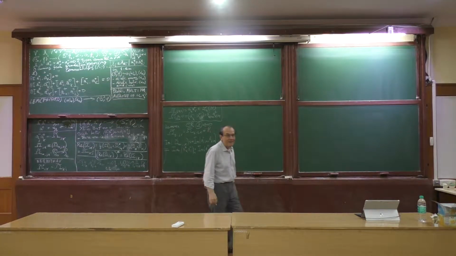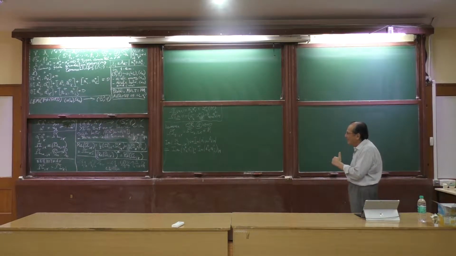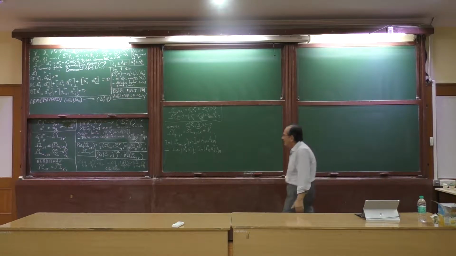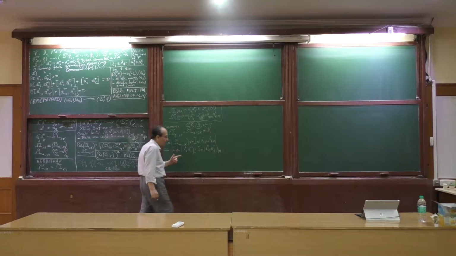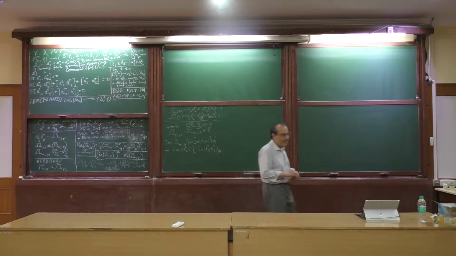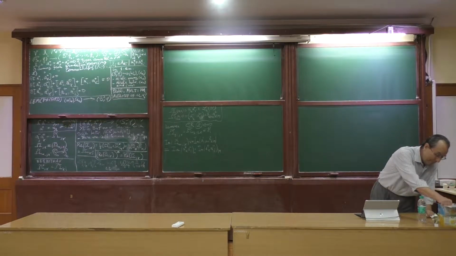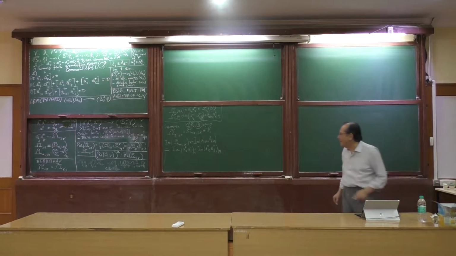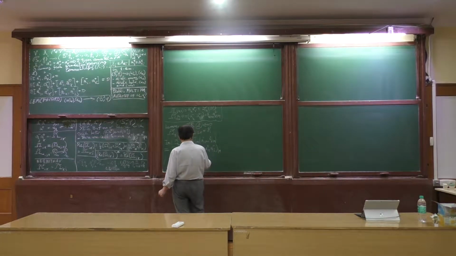You see? So now you understand why this relation is very important. This relation gives an information that took many years to arrive to understand this point. But look at this point.